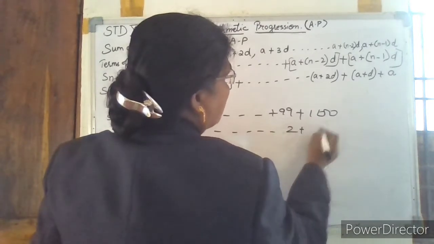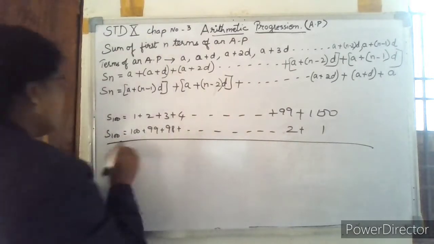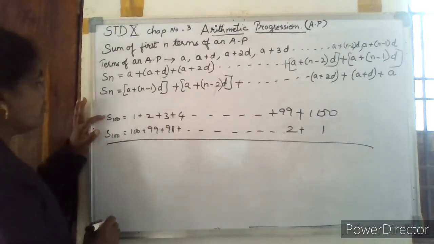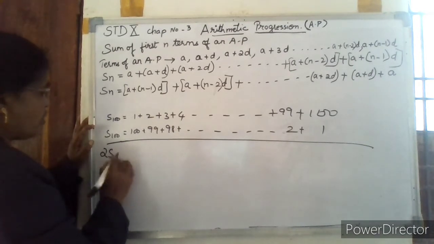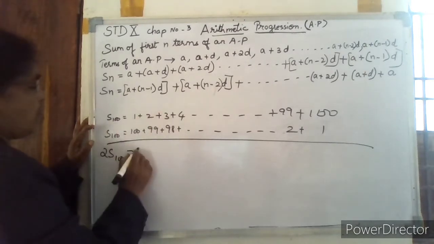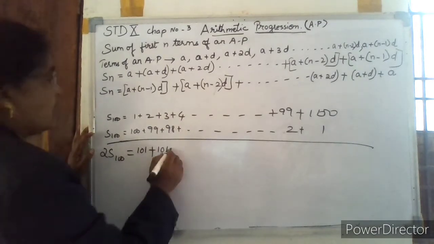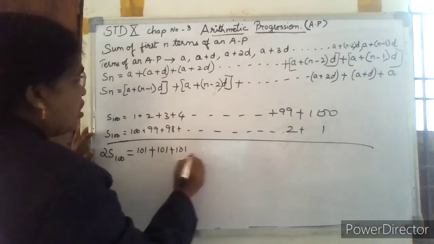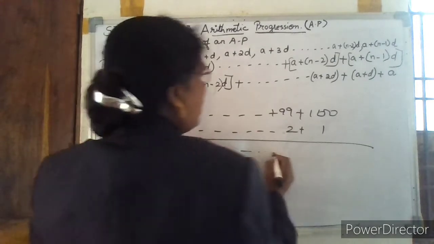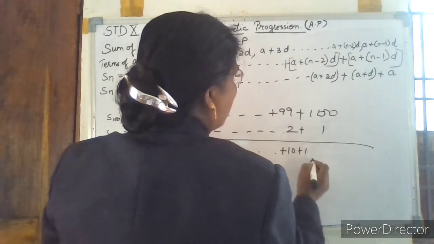Now, see, this is the sum of 100 terms, repeated 2 times. So 2 times the sum of 100 terms is equal to 100 plus 1, 101. 99 plus 2 is again 101. In the same manner 98 plus 3 will give you 101. In the same manner, if I add all the way to the end, I get 101 here and again 100 plus 1 is 101.